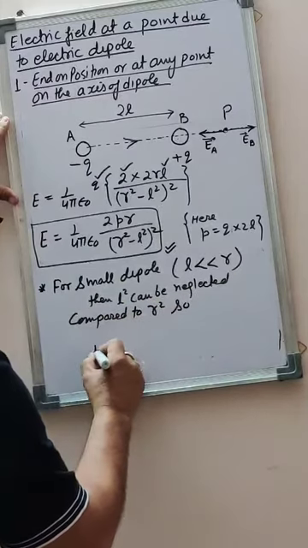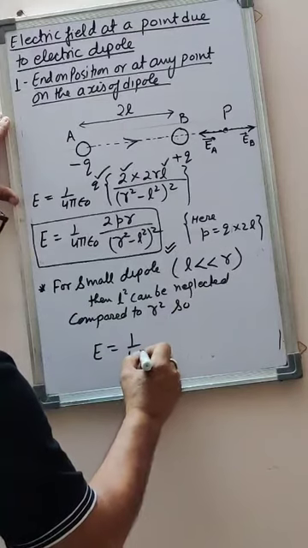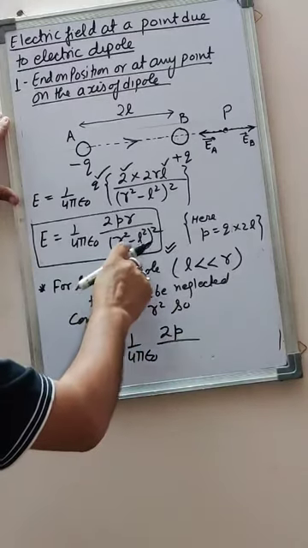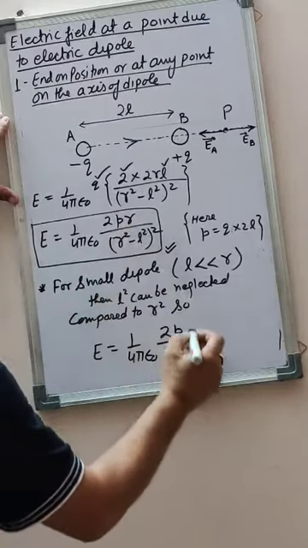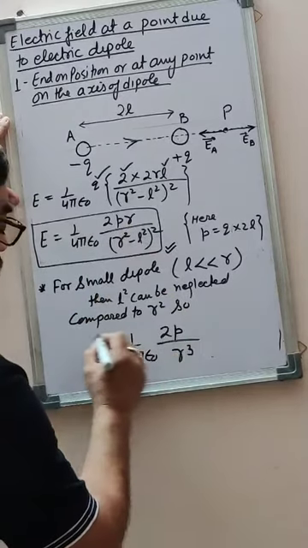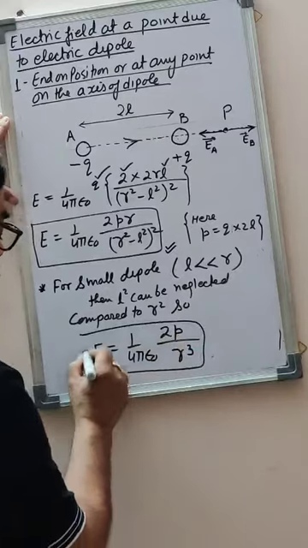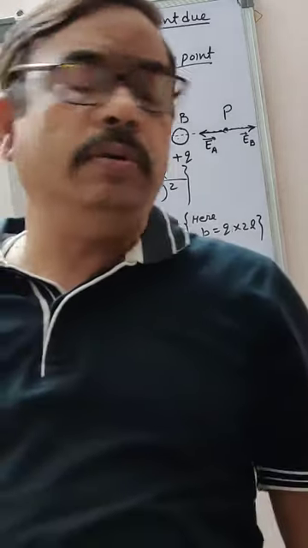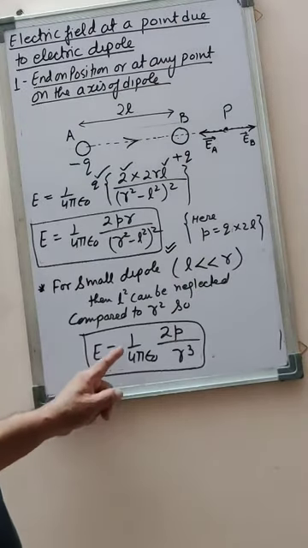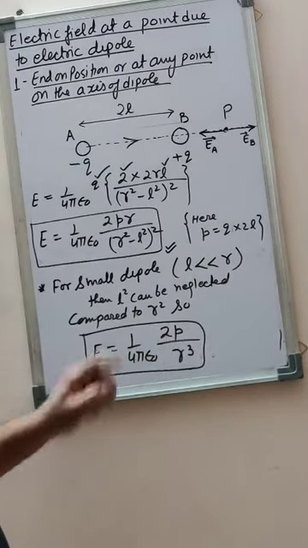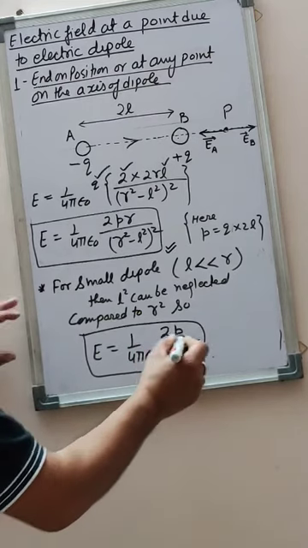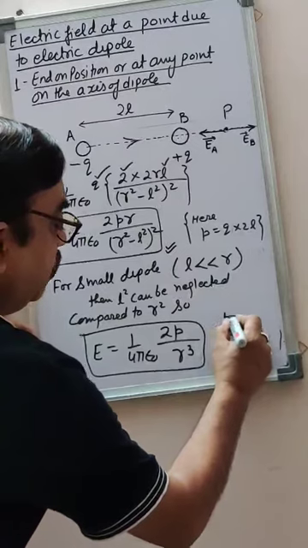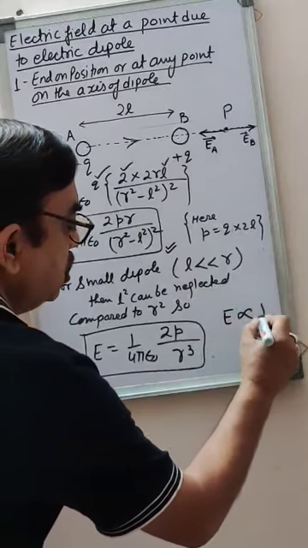So E will be equal to 1 by 4 pi epsilon naught 2P R power 4, one R cancels out, 2P upon R cube. So electric field in end-on position due to a small dipole is given by 1 by 4 pi epsilon naught 2P upon R cube. This is for a small dipole. Now from here, electric field is inversely proportional to R cube.